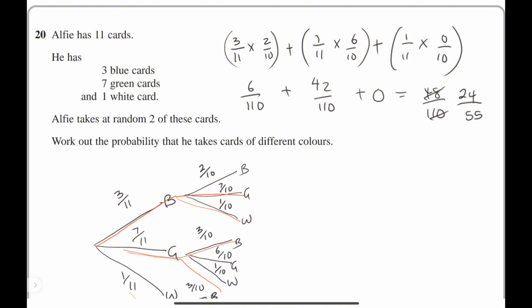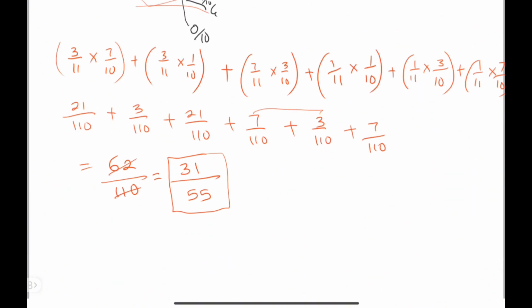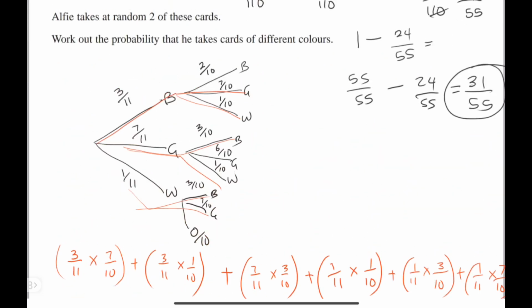And like I said, we take away that from one whole, so 1 minus 24 over 55 is going to be, I think, 31, because 1 whole is the same as 55 over 55 minus 24 over 55, and 55 minus 24 should give us 31 over 55, which I think is the same as what we have here, 31 over 55. I hope that makes sense.